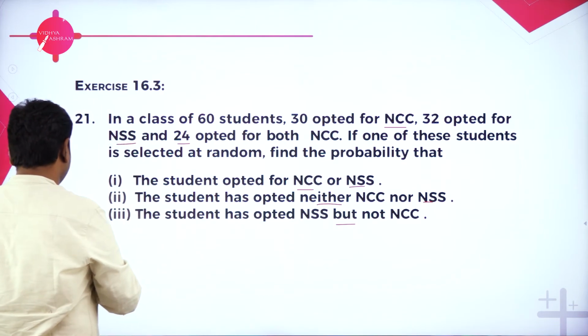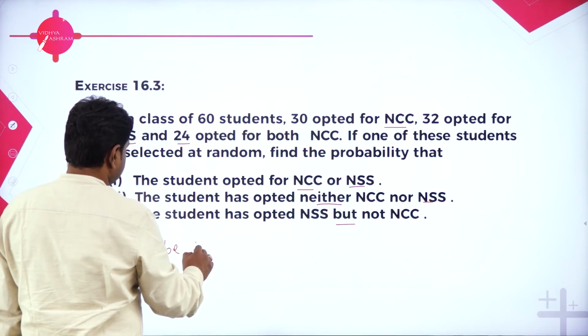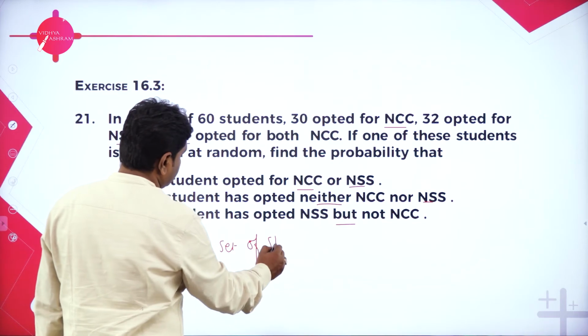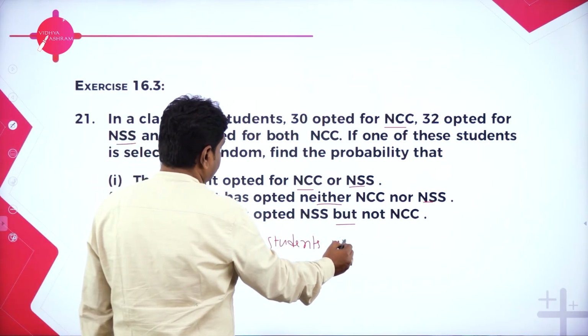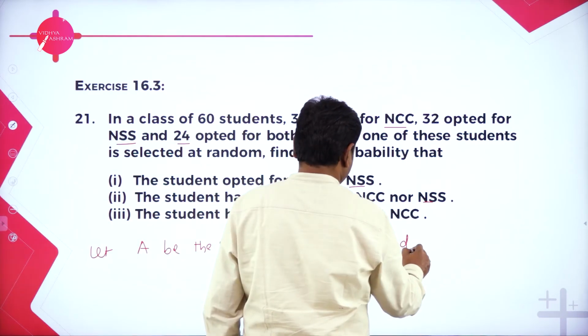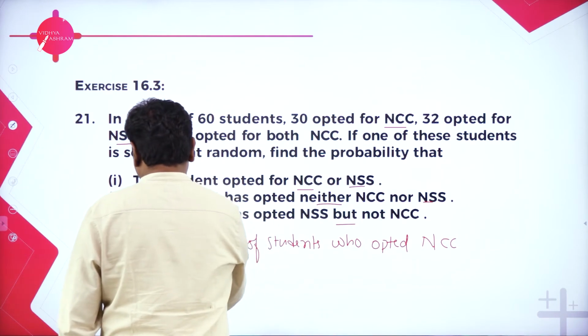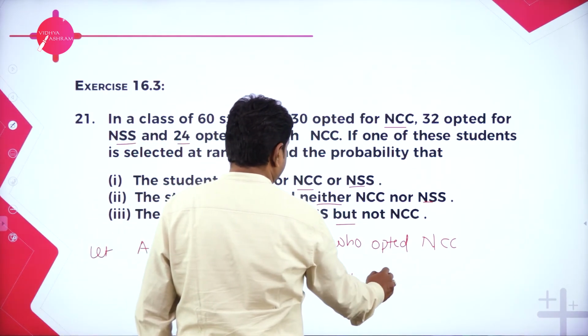So first let us define. Let A be the set of students who opted NCC. Similarly, B be the set of students who opted NSS.